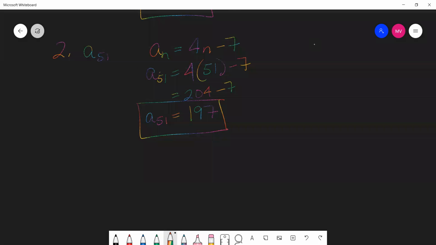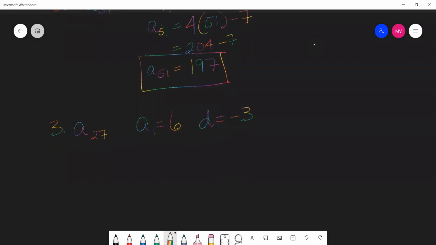All right, last one here. Okay, so for number 3, they've asked us to find A27 if A1 equals 6 and D equals -3. All right, so in this case, we need to find the formula. Then we need to use the formula to determine the term at position 27. Okay, so this is how I did it when I did it in class. I went ahead and made my formula.